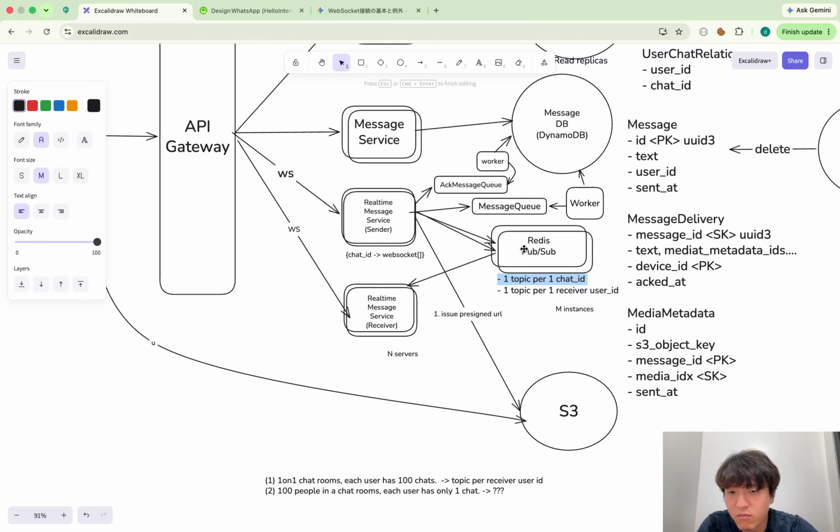But for now, my quick understanding is that Redis PubSub is more scalable when it comes to fanout. Okay, and as I said, with the second option, the memory usage becomes 99 times more. So that's why I choose the first option.